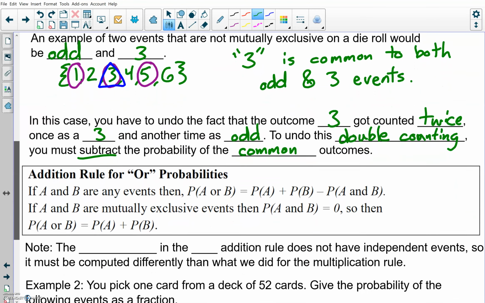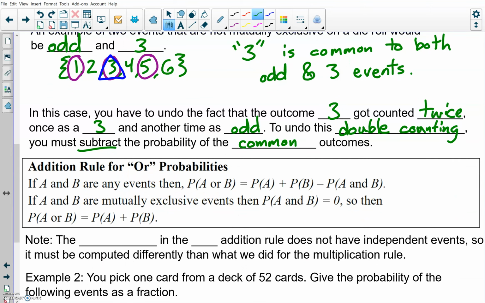So the addition rule then says, if A and B are any events, then the probability of A or B occurring is going to be probability of A plus probability of B, and then minus the probability of A and B. And this is the probability of the common outcomes. So in that example above, the 3 showed up as both odd and a 3.